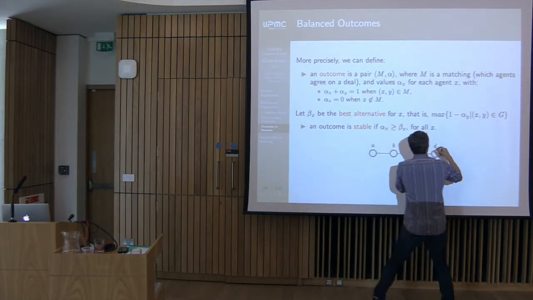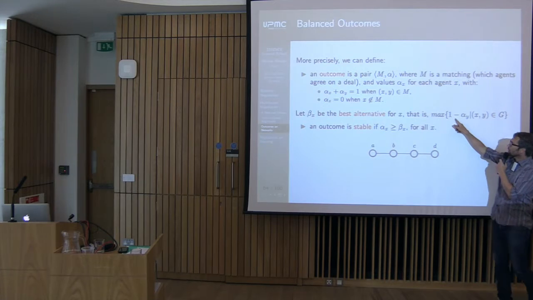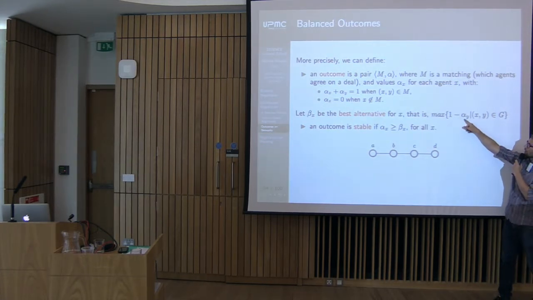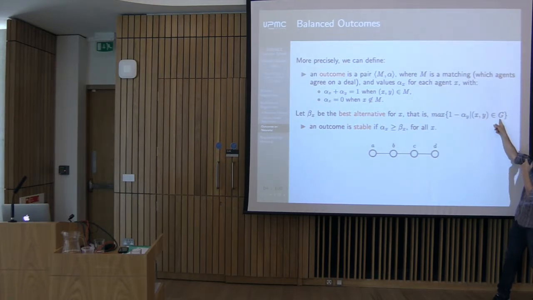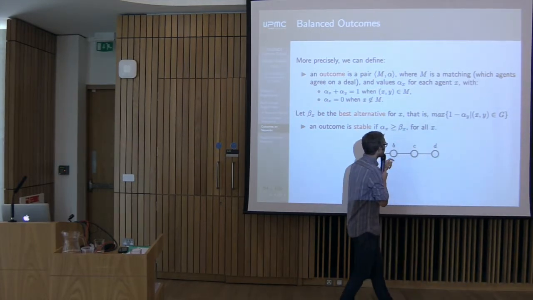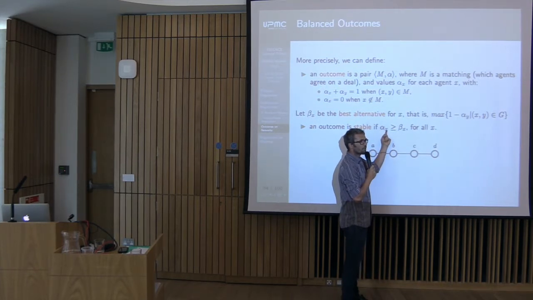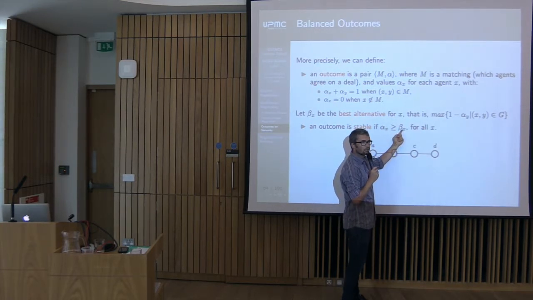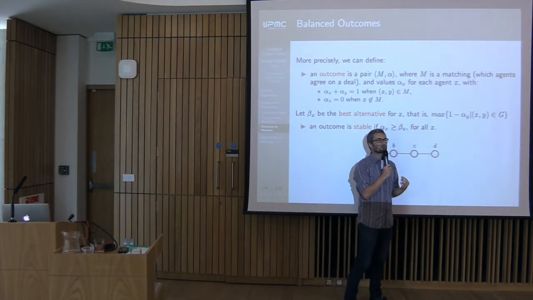It's 1 minus alpha Y of the other neighbors that X has in the network. So it's stable if for all agents the share that I have is better than what I could get given my neighbors on this network.